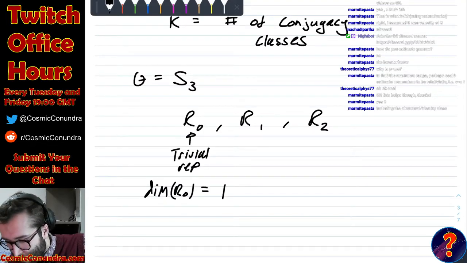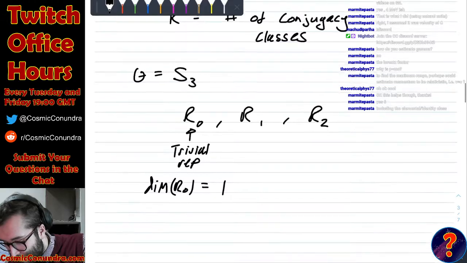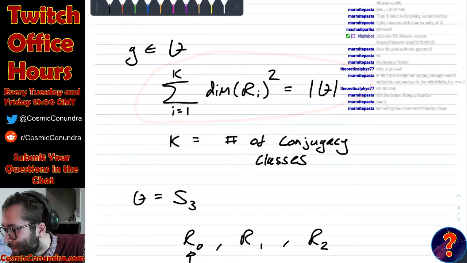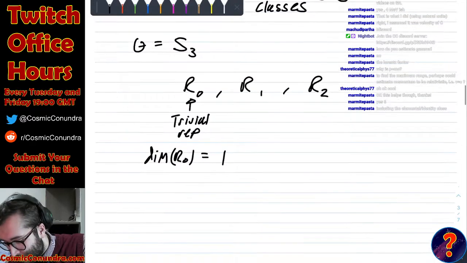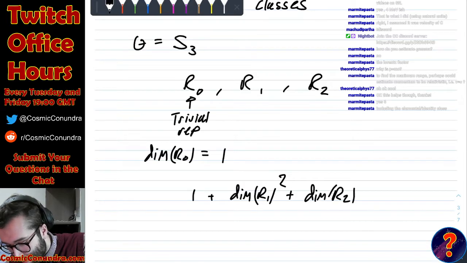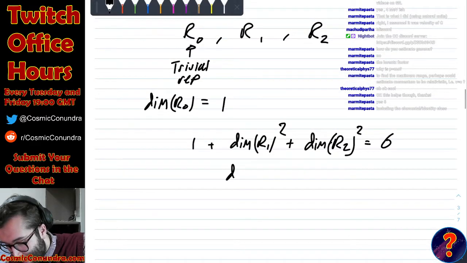So putting that into this dimensional constraint, you can say that 1 plus dim R1 squared plus dim R2 squared is equal to 6. And therefore, dim R1 squared plus dim R2 squared is equal to 5.